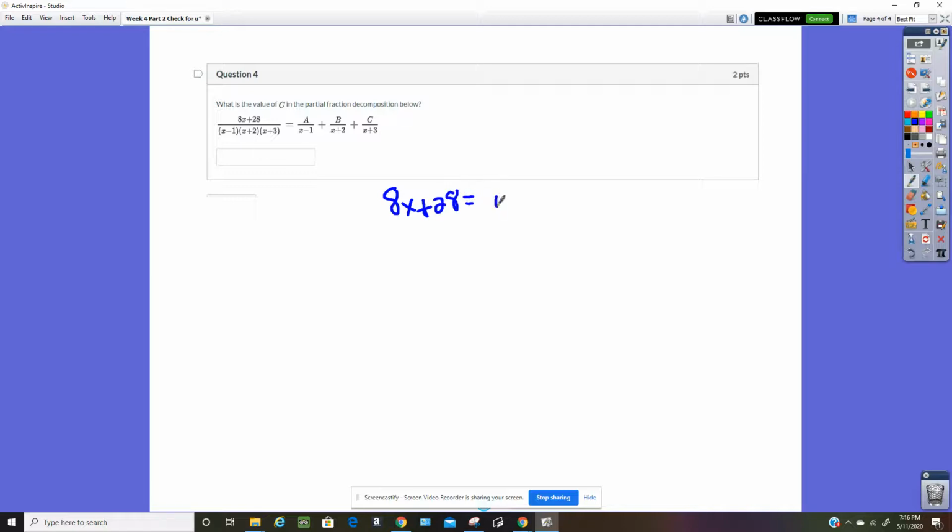And then A times the other 2 factors, x + 2, x + 3, and then B times x - 1, x + 3. Let's start over because there's not enough room here.